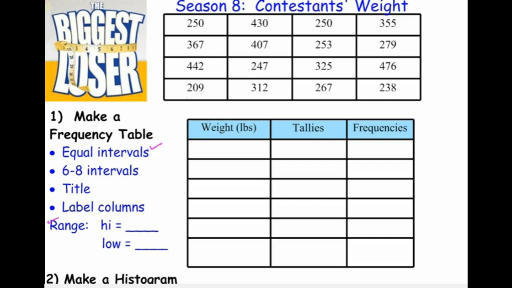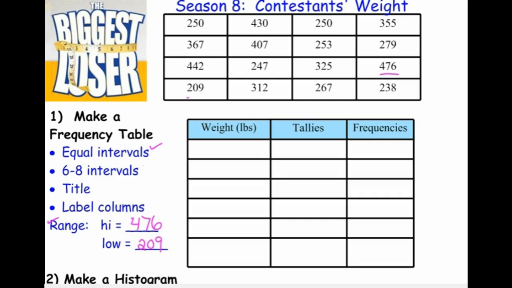So I'm going to look for the lowest data point, which I think might be this 209. So my low is 209 pounds. And let's take it up to the highest amount, which is maybe 407, 430. Oops, how about 476 being the highest? So I've got a span from 200 pounds up to basically 480 or 500 pounds.